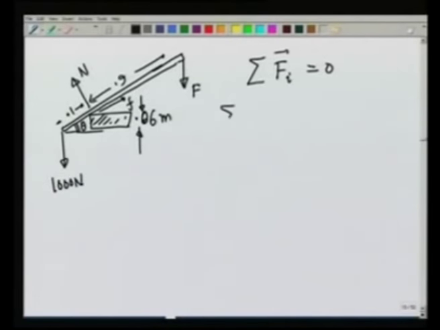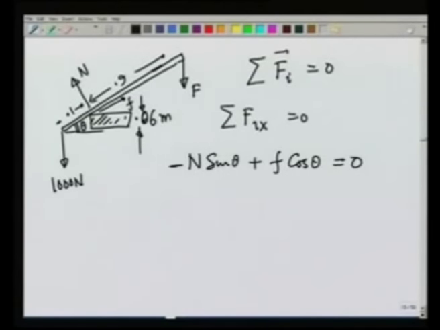So, summation F_i x is equal to 0 gives me minus N sin theta, which is in the negative direction, plus F cosine of theta is equal to 0. Similarly, when I write summation F_i y, the force component in the y direction is 0.